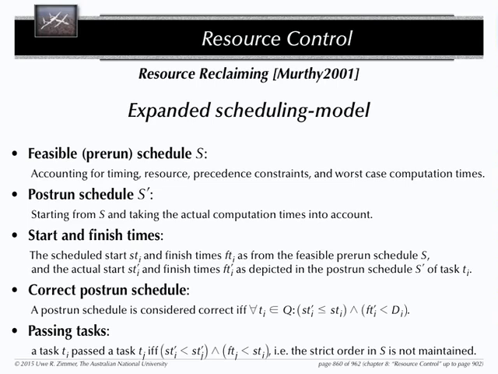And the more important part is that all the finishing times in the post-run schedule are before the deadline. In the pre-run schedule, they were before the deadline because we scheduled so. But in the post-run schedule, that needs to be checked.